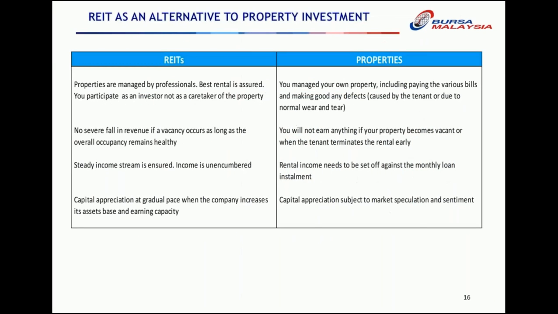Now, the other thing is that properties are managed by professionals in a REIT. Best rental is assured. You participate as an investor, not as a caretaker of the property. A lot of these REITs, when they lease out, will always seek the best rental possible, because sometimes the property management companies that manage the REITs are rewarded by units of the REITs themselves.